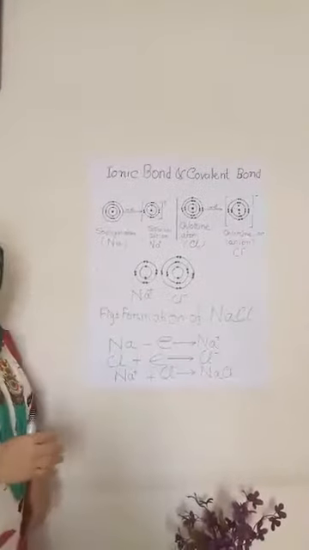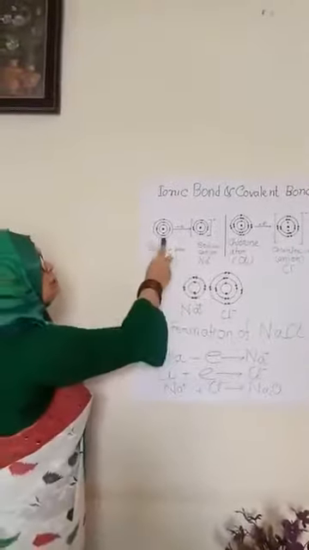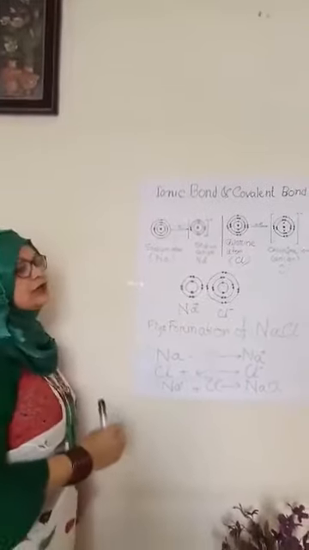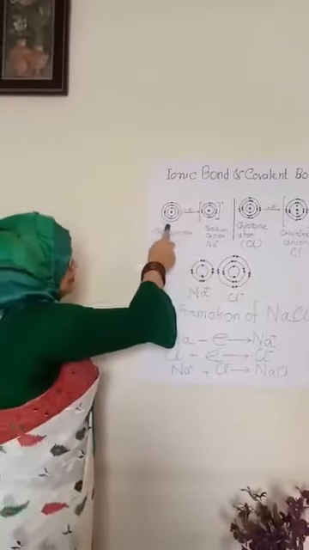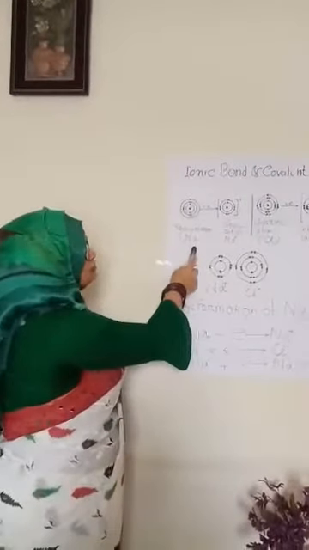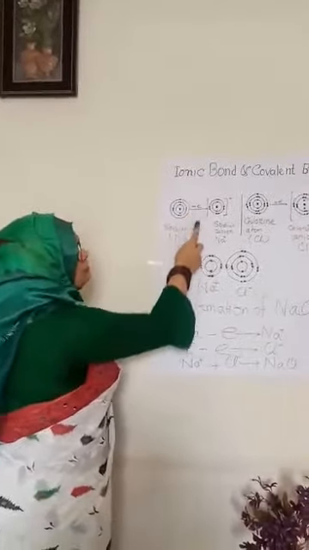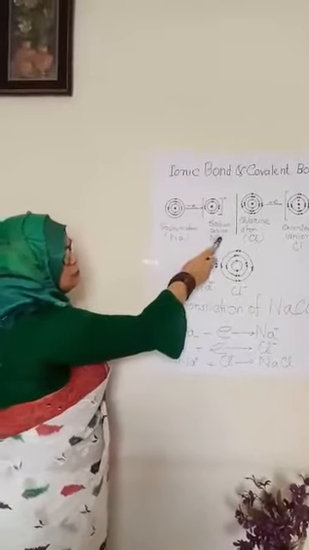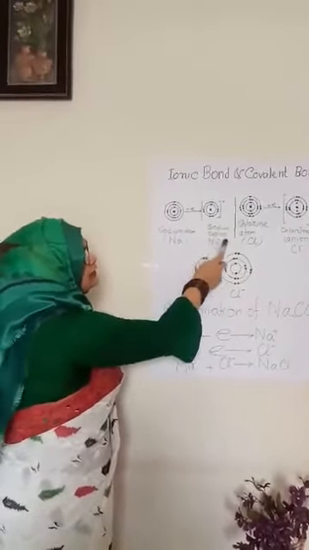Thus, the third shell, also the outer shell of sodium, contains only 1 electron because it has only 11 electrons. So, when sodium atom gives up 1 electron, then it produces sodium cation.